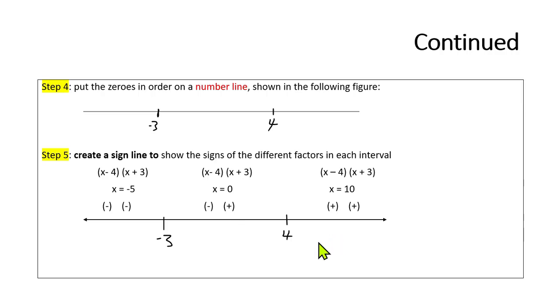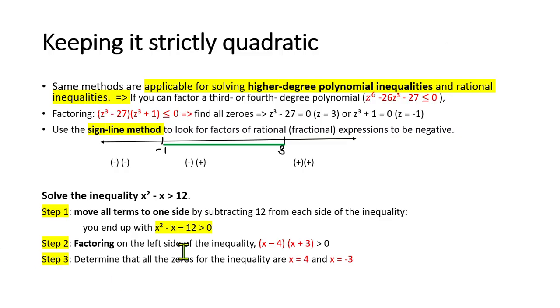If x is greater than 4, you put x equals 10: 10 minus 4 is positive, 10 plus 3 is positive. But you're looking for the expression to be positive, right? You want to find the interval that makes the whole quadratic positive.